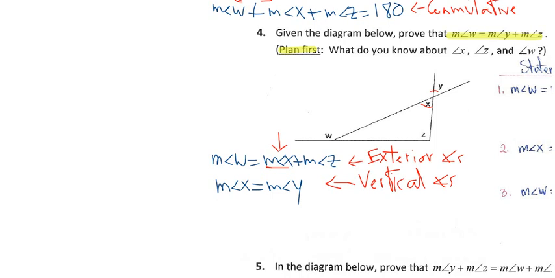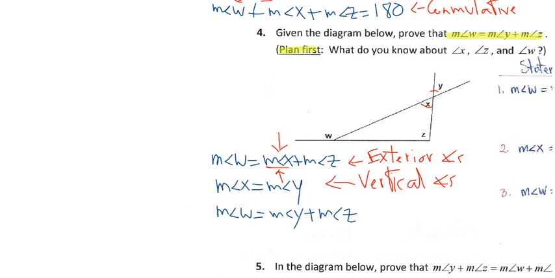And if we substitute over there, we end up with the equation: the measure of angle W is equal to the measure of angle Y plus the measure of angle Z, which is exactly what we want to have.